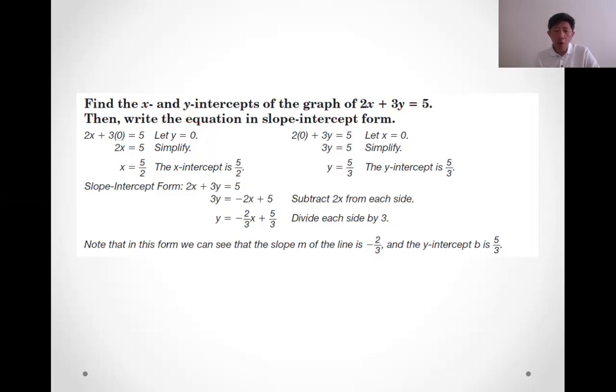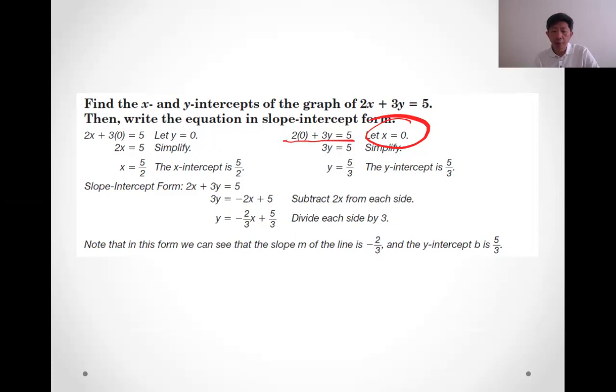Now we have to find the Y-intercept. For the Y-intercept, we let X equal 0. So plug in X equals 0: 2 times 0 plus 3y equals 5. 2 times 0 is 0, so 3y equals 5. Then divide both sides by 3.